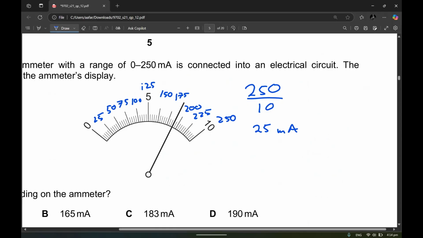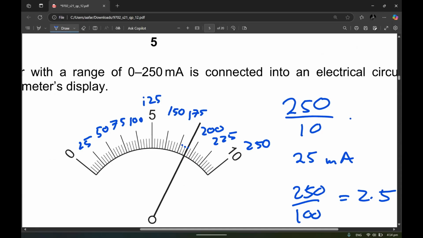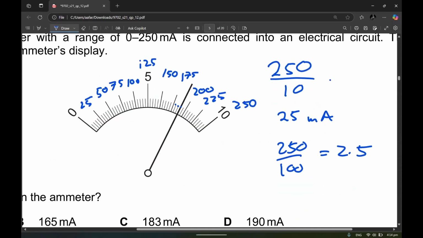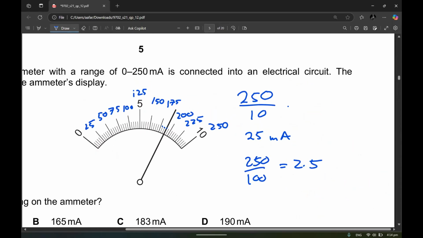And if 10 is 25, so 100 will be 2.5. So 175, 177.5, 180, 182.5. Wait, no. Oh, wait, it's not 100.